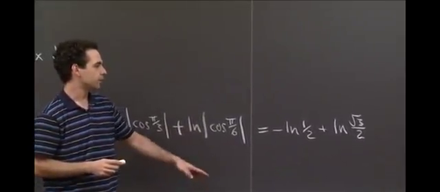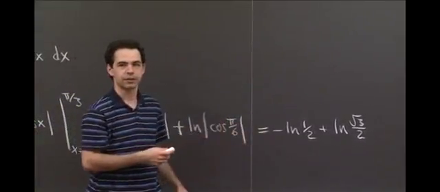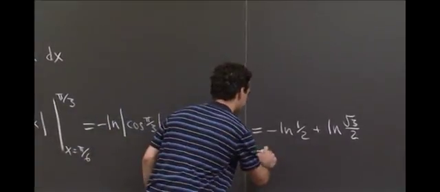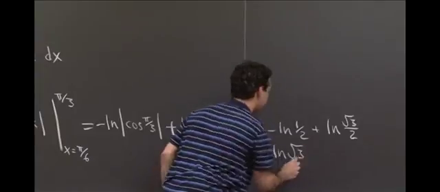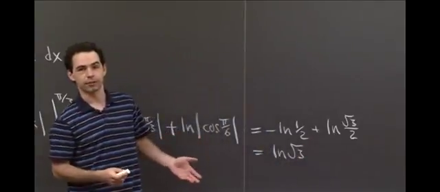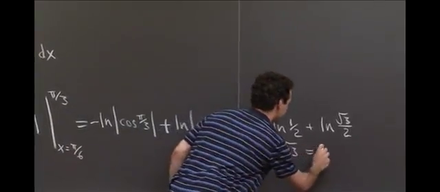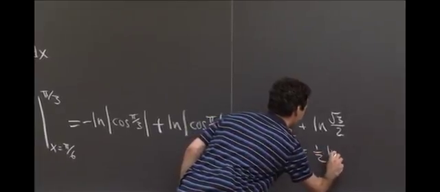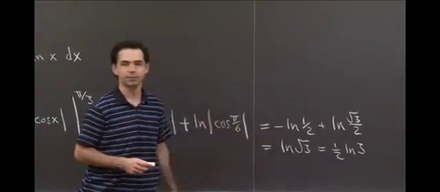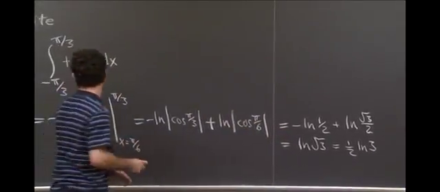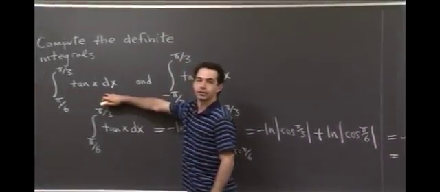And now you can use your logarithm rules to combine those into a single expression. So this is equal to ln of square root of 3, or you could use one more logarithm rule, so this is equal to 1/2 ln of 3. All of those are equivalent expressions for this same number, which is the value of this definite integral.